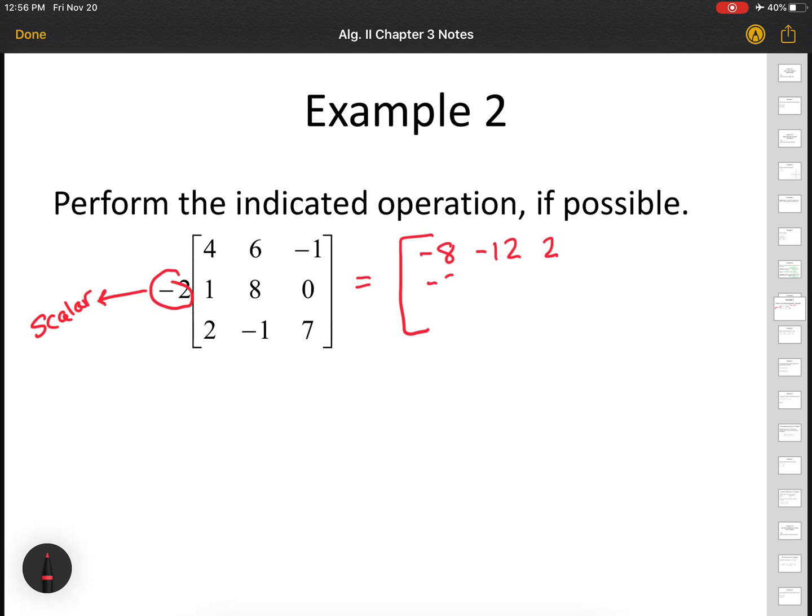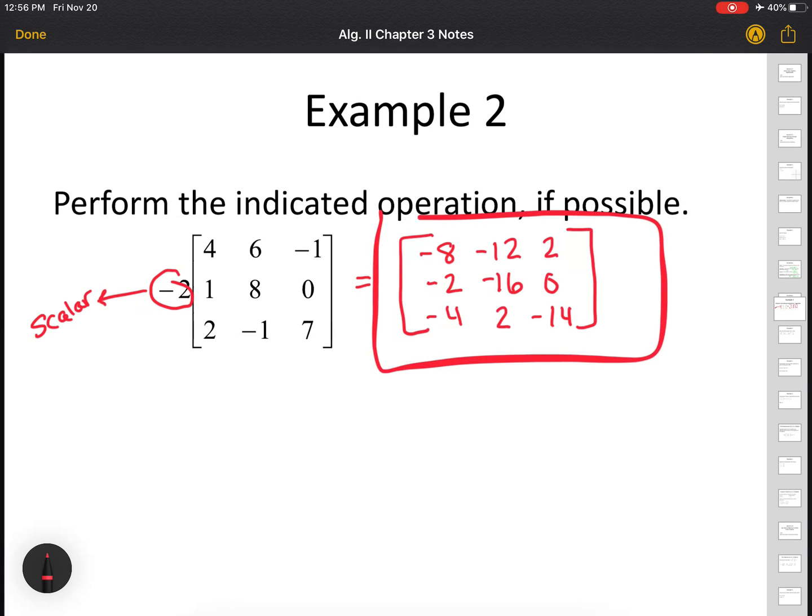Then in the second row I'm going to get a -2, a -16, and 0. Then lastly my third row, -4, +2, and -14. Okay, so that is my resulting matrix after scalar multiplication. And they're just keeping their same position in the resulting matrix as they did when they were in that previous matrix we had to multiply the scalar by.